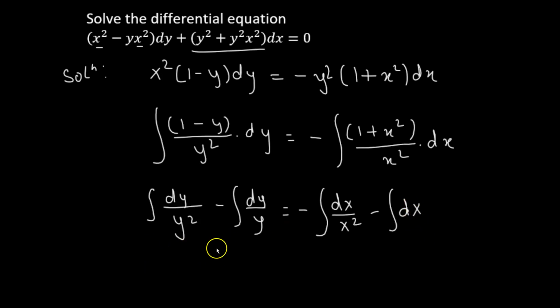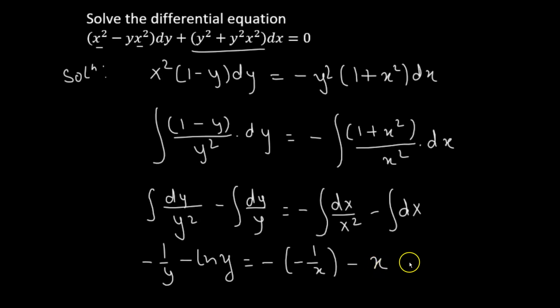Now let's integrate this. It's a fairly simple integral, so the first integration will be negative 1 over y minus natural log of y equals to negative of negative 1 over x minus x plus the constant of integration c.